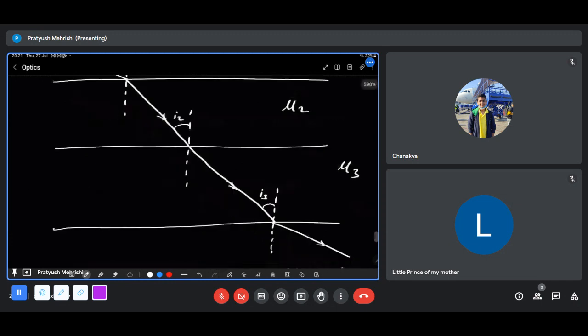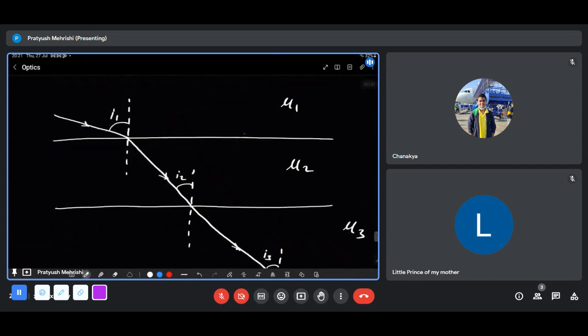Now, this is the final angle of refraction. Now, remember one thing. These two surfaces, surface 1 and surface 2, are parallel to each other, aren't they? Chanakya, Hemant, can you see that?